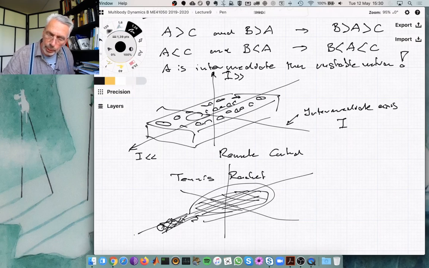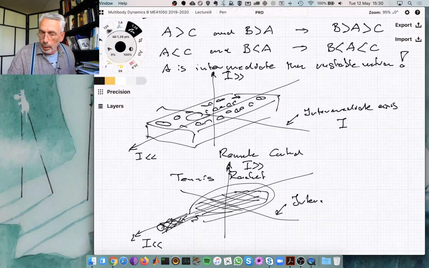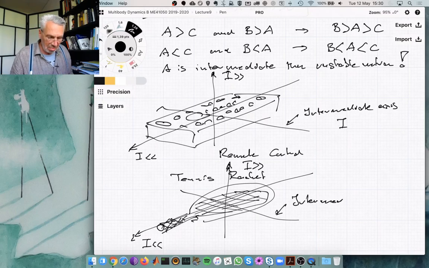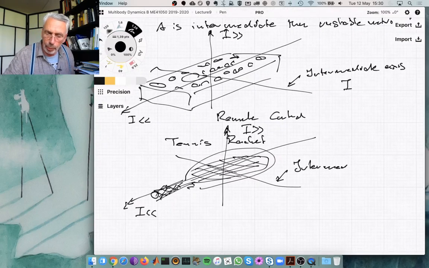My guess is again that this is where the I is the smallest, and this is where the I is the largest. So this is the intermediate, right? So try and flip your tennis racket such that it will only rotate about that. You will not. Impossible.